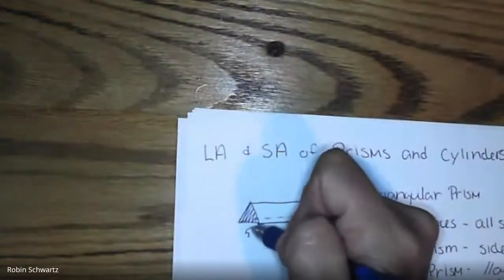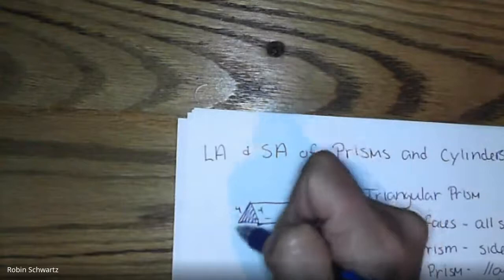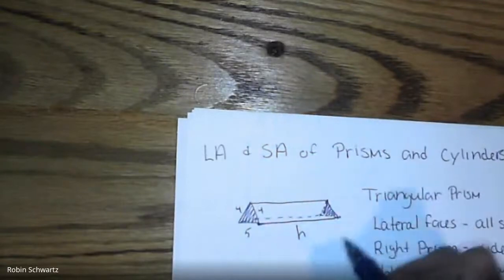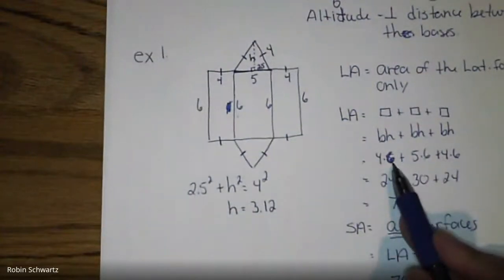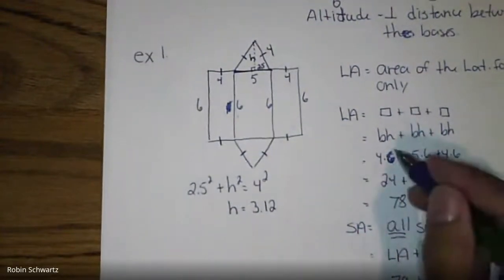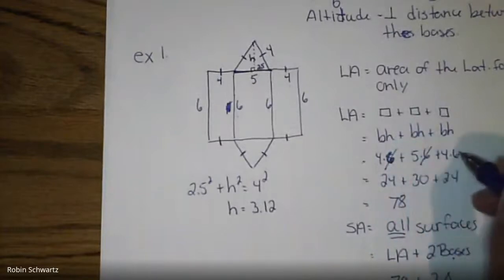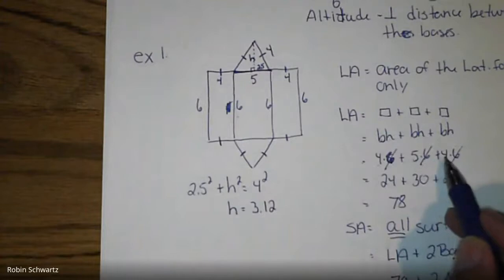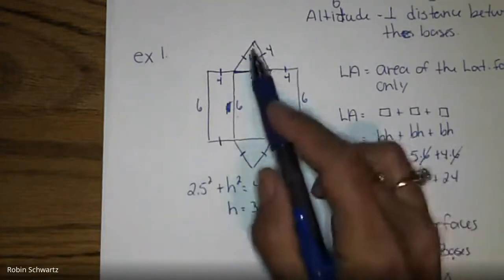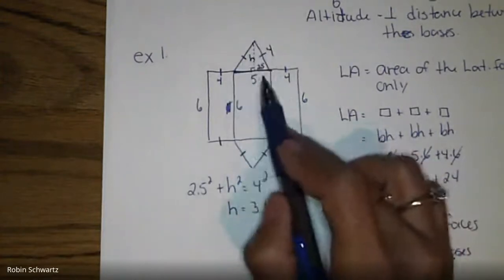We had a 5, 4, and 4. That does change, but the height of that rectangle never changes. So if I take the 6 out of these, you don't have to write this on your paper, I'm just going to show you real quick. Take the 6 out. What I've got is a 4 plus a 5 plus a 4 again. That's essentially just the perimeter of that base.